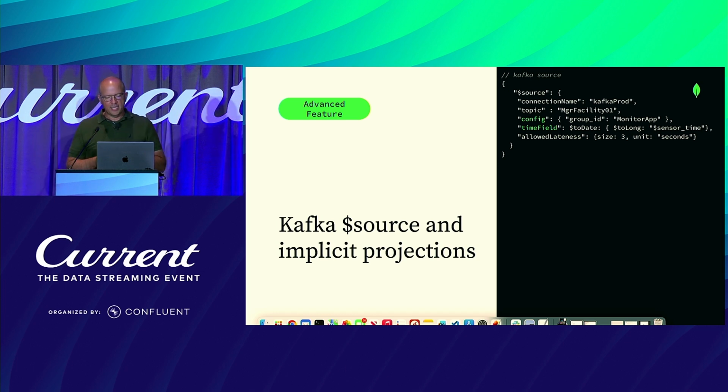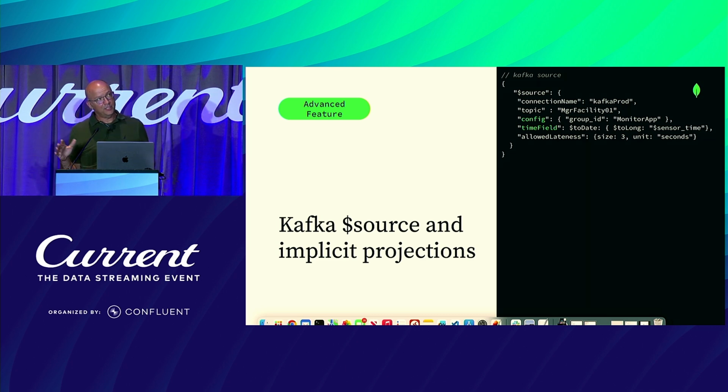One of the things I did show you is headers and keys. We have the ability to configure the config properties of Kafka. So if you want to provide your group ID and those sorts of things, you can do it through config. We also can configure the time field. So if you need to convert between epoch time and ISO dates and things like that, you can do that from $source. We're continually adding additional capabilities to config.